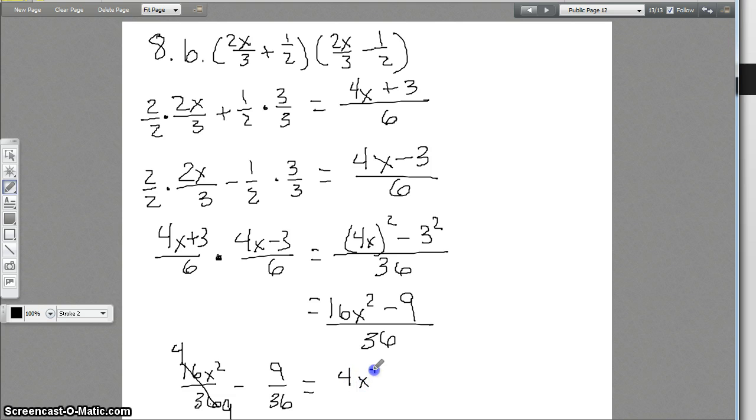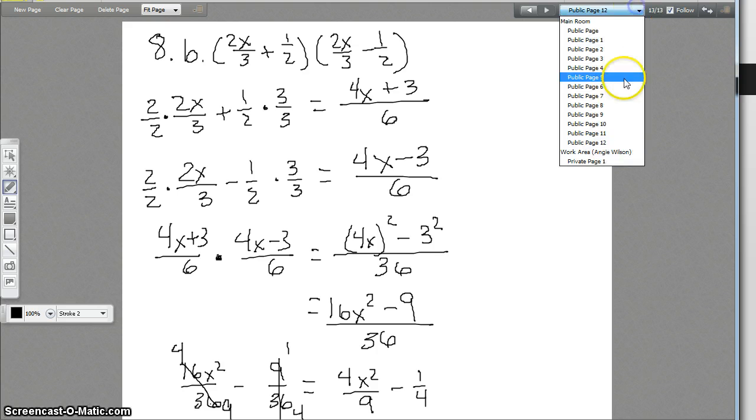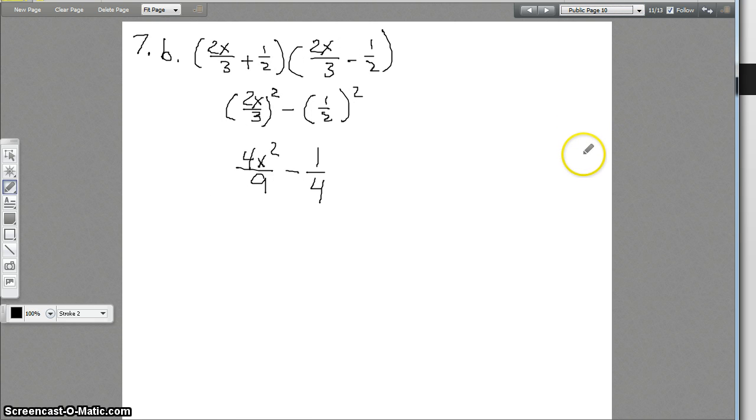So I have 4x squared over 9. When I look at my next fraction, I have 9 over 36. The common factor there is 9. So if I divide the numerator and the denominator by 9, 9 divided by 9 is 1. 36 divided by 9 is 4. So then we have minus 1/4. And you can see that that is the same answer that we got before, 4x squared over 9 minus 1/4.